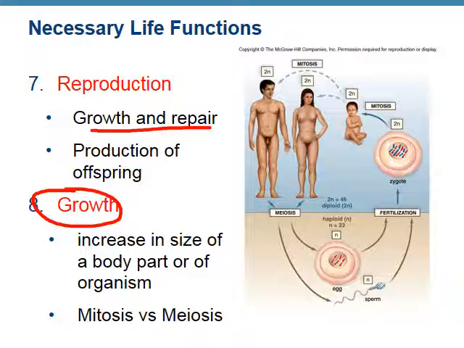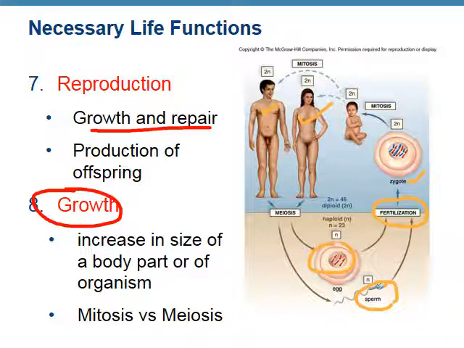So first we have male and we have female, and they're going to create eggs and sperm, right? So this would be reproduction. Male and female come together, they create egg and sperm separately, the egg and sperm come together, and now we have fertilization. So these two became the zygote. Zygote is another word for fertilized egg.